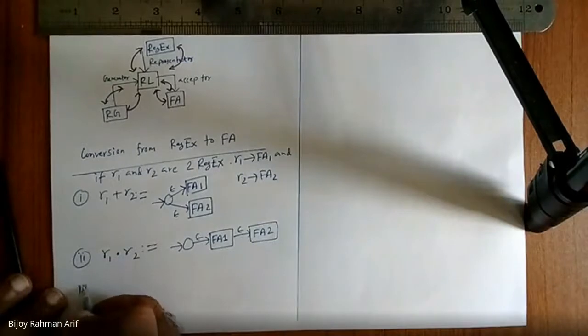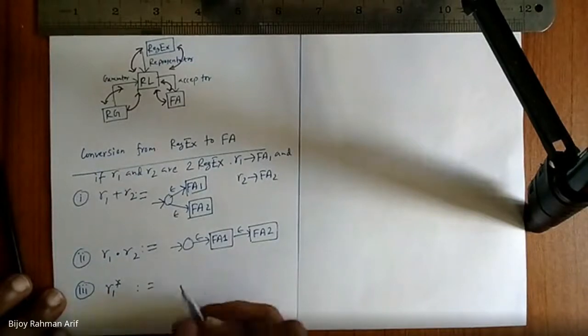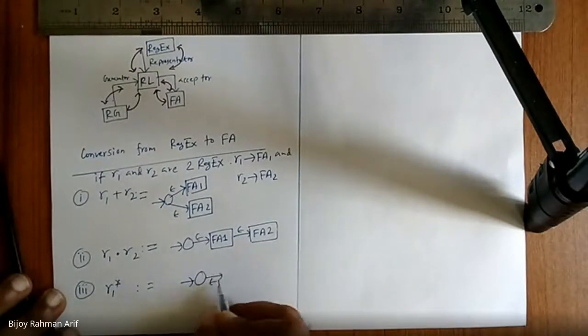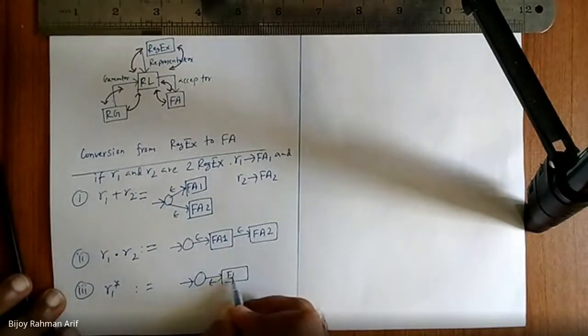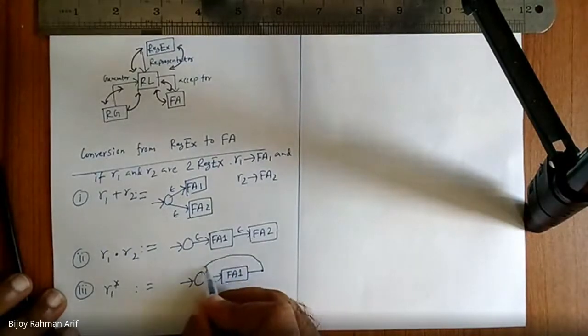And number 3 is, let's say R1 star. It is also very simple. It is like this. From epsilon, you go to FA1, then from this point, you return back here.